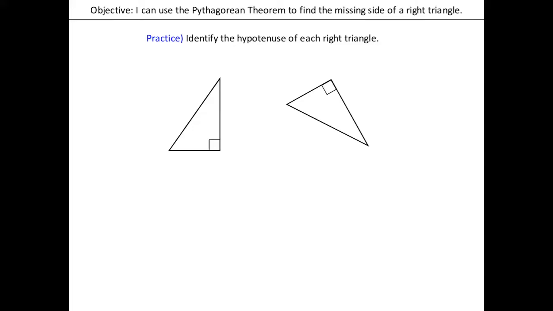Go identify the hypotenuse on each triangle. Okay, go ahead and share with your partner, or double check, I should say.